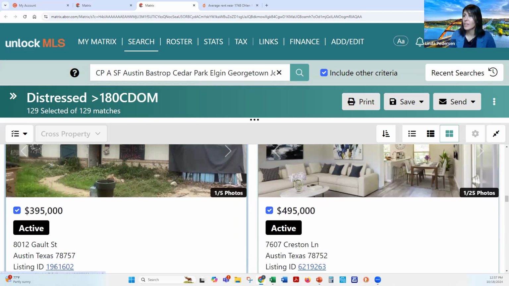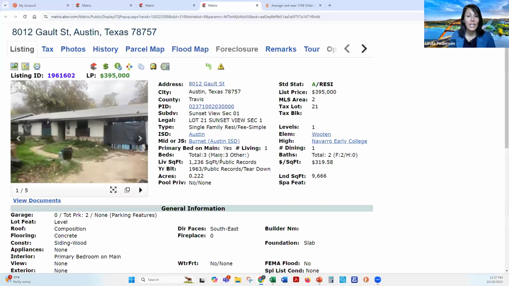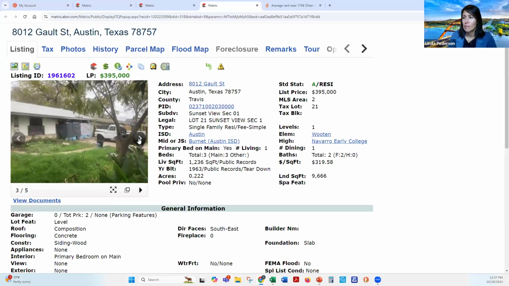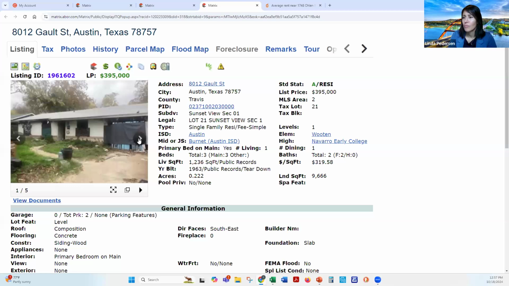If I look at the listing on this one at a high level, let's do the Mayo formula on this one. They didn't show any of the insides, actually. For me, this might be a tear down. It's a 78758.